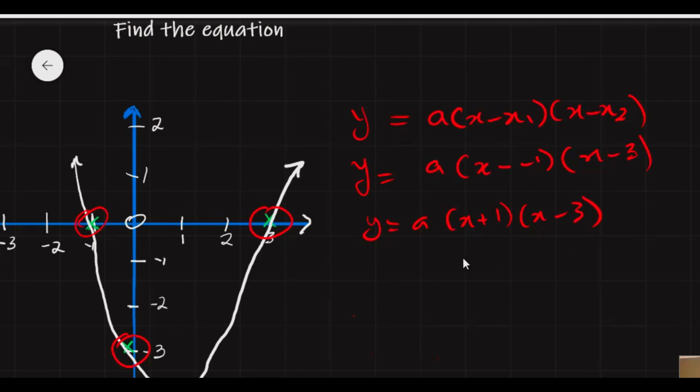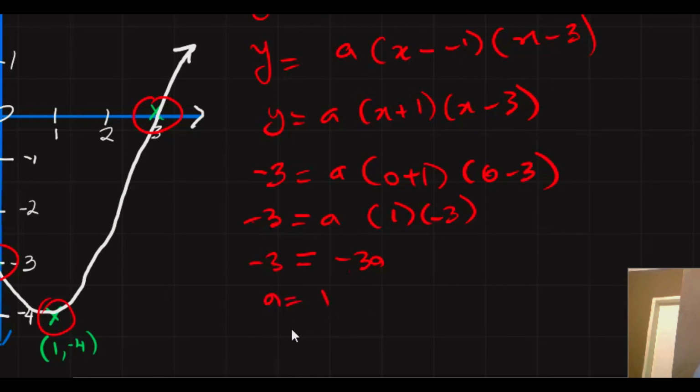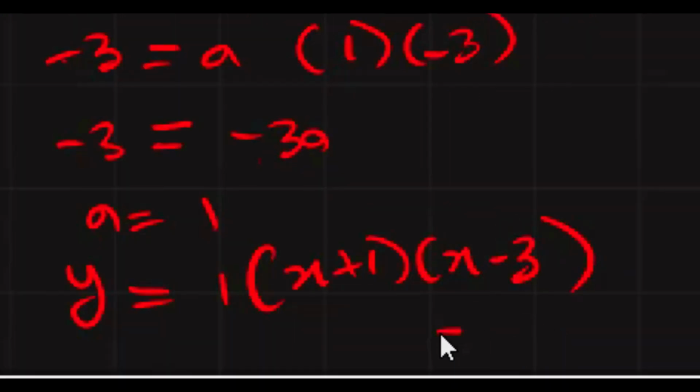Now, we would also need to get our a by substituting any other point apart from the ones we've used. So again, I'm going to substitute the y-intercept. Why? Because I can. So now this would be our final answer if we need to stop here.